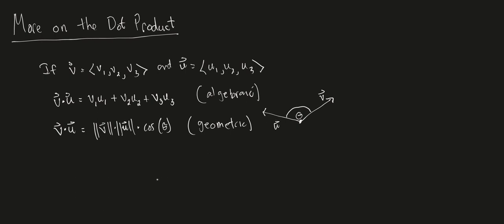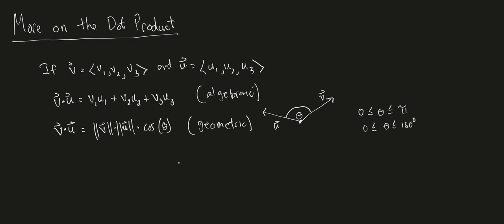But what if we wanted to know what type of angle it is as opposed to its actual value? Now, remember the angle between the two vectors is defined as an angle in the range 0 to pi if you're using radians, or 0 to 180 if you're using degrees.